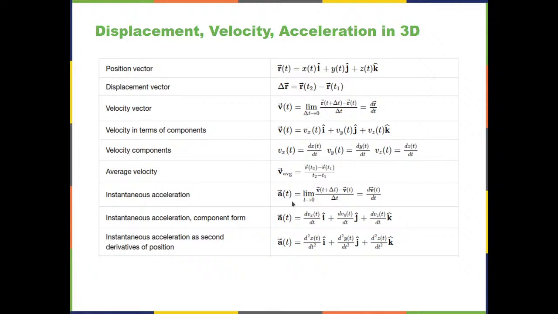So of course, a relates to v as v relates to r, and so on. We can also do the double derivative here. If the x component of the acceleration is the derivative of the x component of the velocity, then the x component of the acceleration will also be the second derivative of the x component of the position.